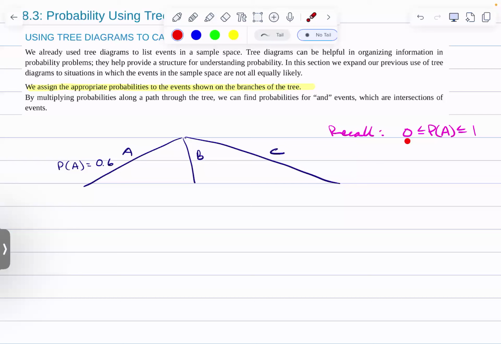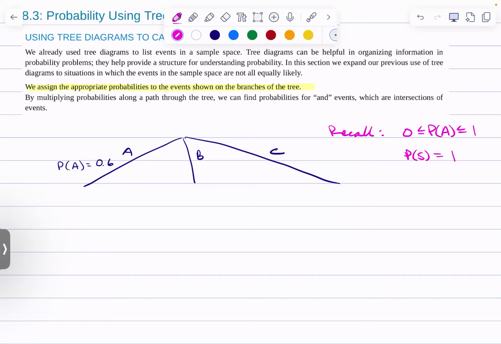It's 0 if it's never going to happen, and it's 1 if it will always happen. Somewhere in between, there's some probability of it happening. And the probability of the sample space has to be 1. Otherwise, it's not the sample space, because I haven't listed all the possible outcomes.